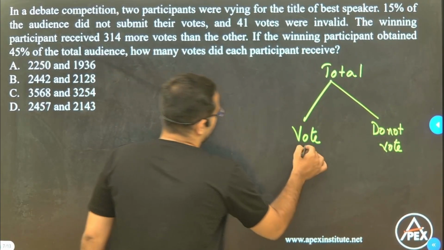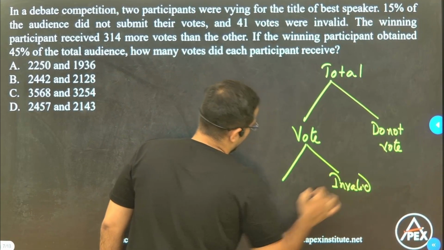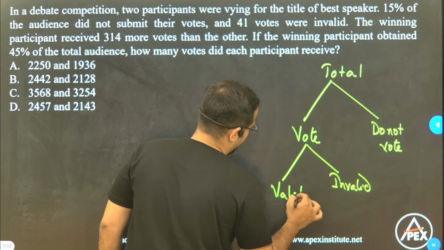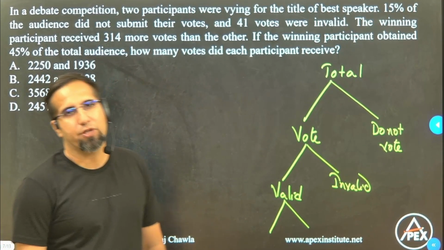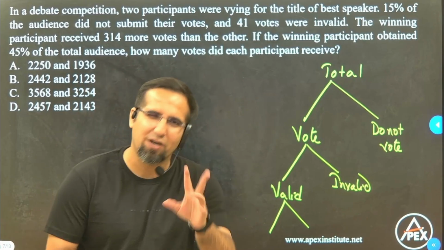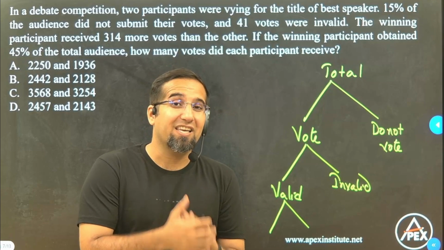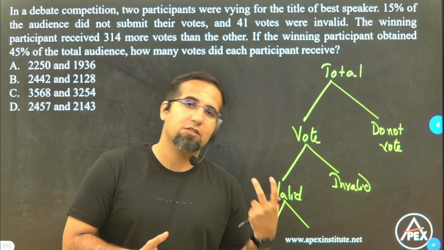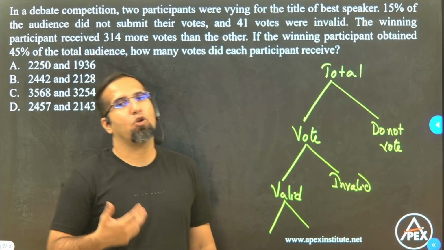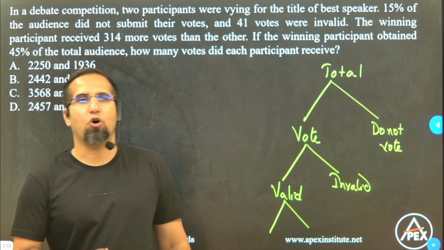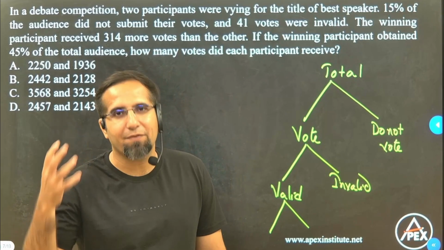So therefore some votes are invalid votes and some votes are valid votes. और ये जो वैलिड वोट्स हैं वो कंटेस्टेंट्स में डिवाइड होते हैं. जनरली एग्जाम्स में आपको दो कंटेस्टेंट दिया जाता है. So that is divided into contestants, and then the margin is always the number of votes achieved by the winner minus the number of votes achieved by the loser is called the margin. Clear? तो ये मॉडल आपके दिमाग में राइट अवे आ जाना चाहिए.